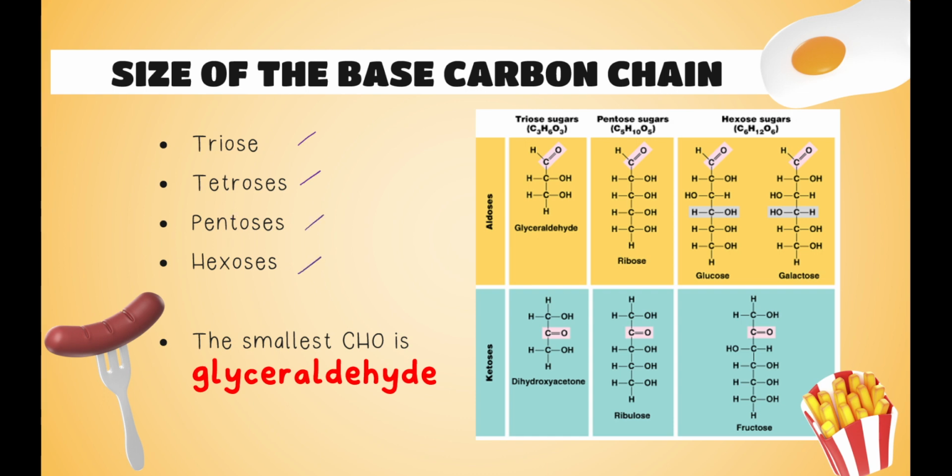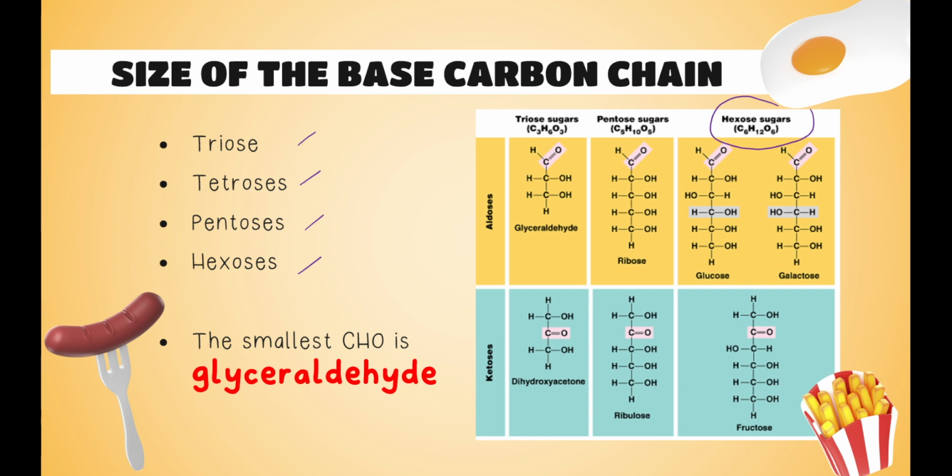So, from the word tri in triose, there are 3 carbons present; tetrose, 4; pentose, 5; hexose, 6. And the monosaccharides that we have mentioned a while ago, your glucose, your galactose, and your fructose, are examples of your hexoses.